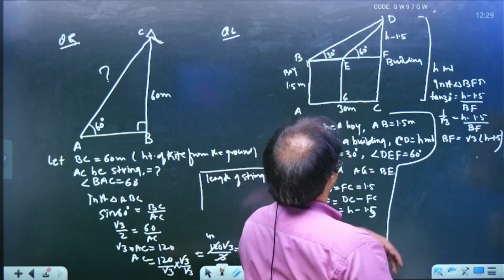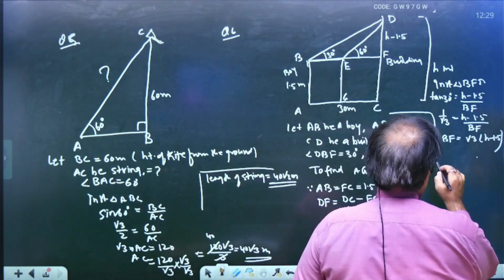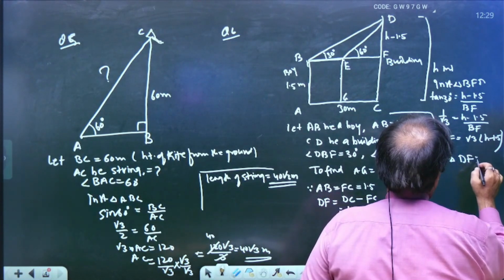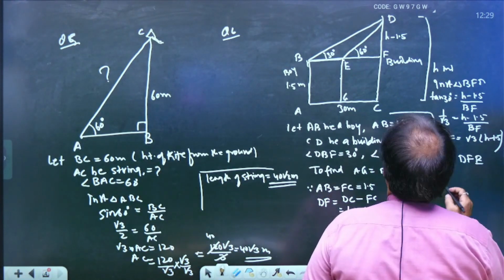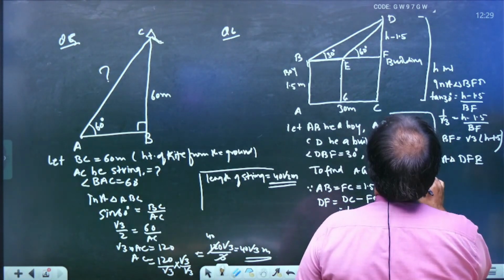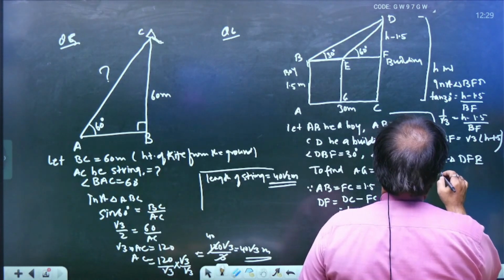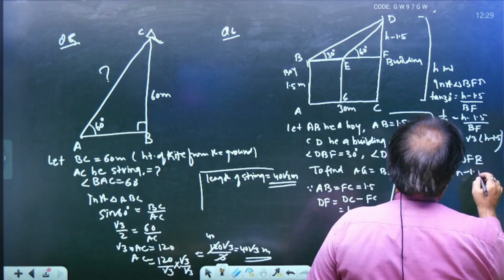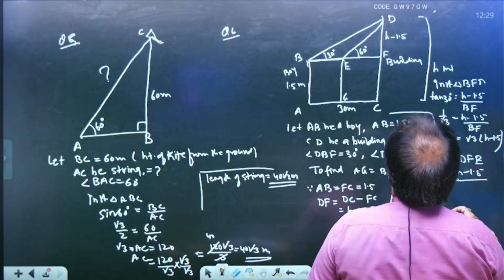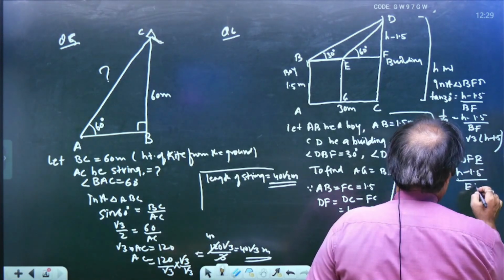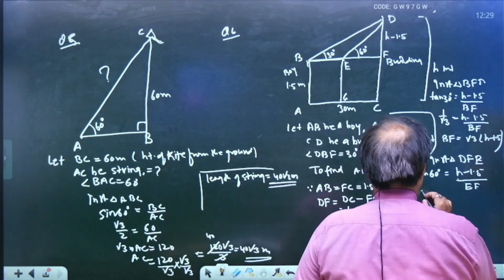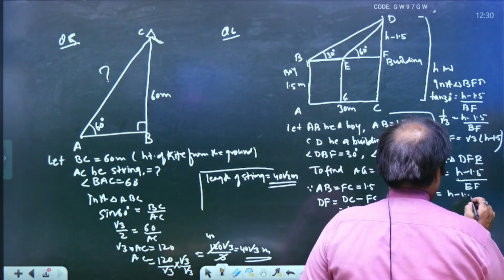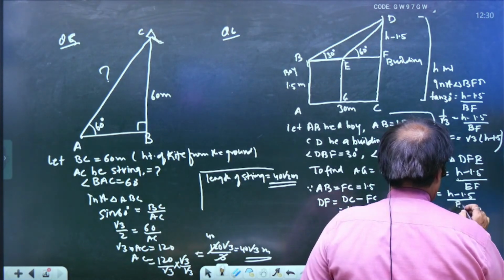And now apply in right triangle DFE. Tangent 60 degree is equal to H minus 1.5 divided by EF, and tangent 60 is root 3, so root 3 equals H minus 1.5 upon EF.